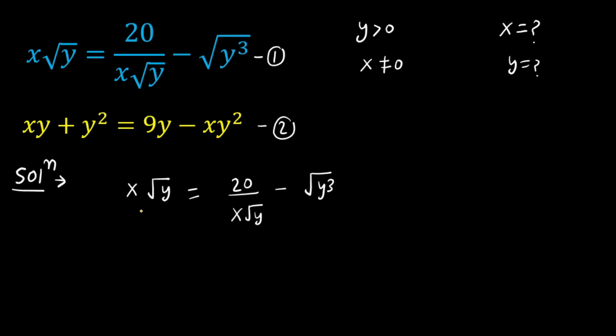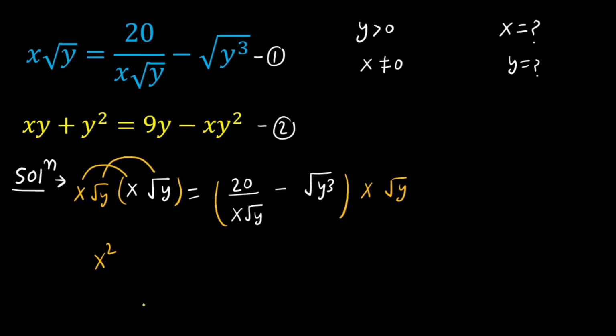Now we multiply both sides by x times square root of y. On the left, x times x is x square, and square root of y times square root of y is y.